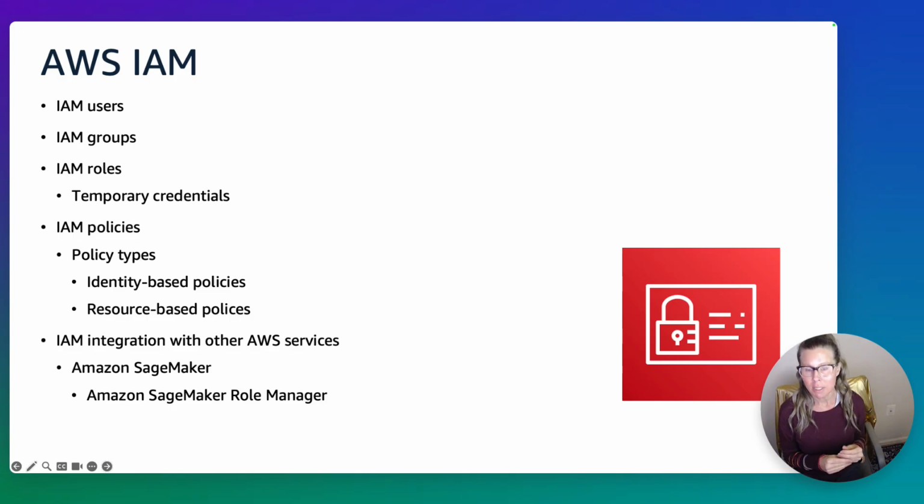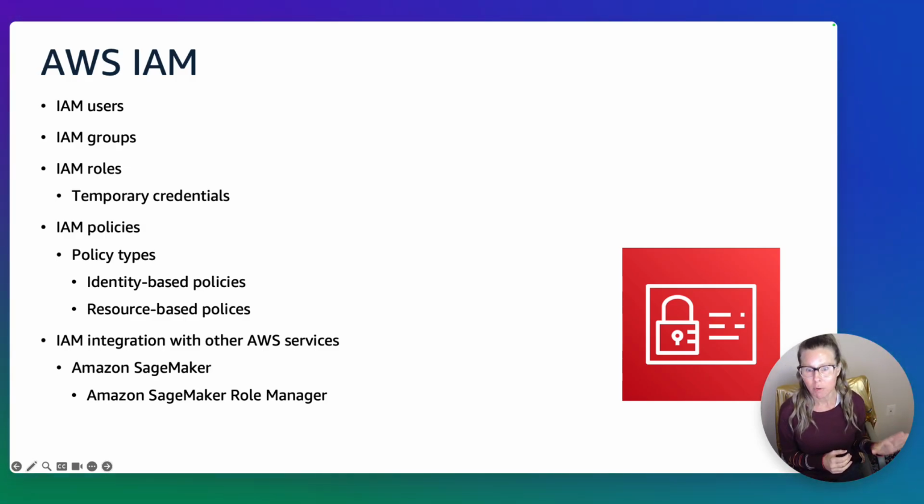SageMaker supports specific actions, resources, and condition keys for IAM identity-based policies to allow or deny actions and resources, as well as the conditions under which actions are allowed or denied.